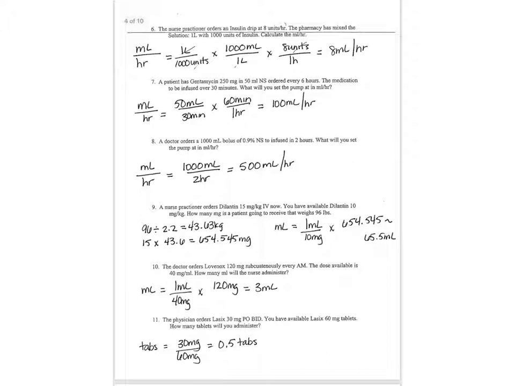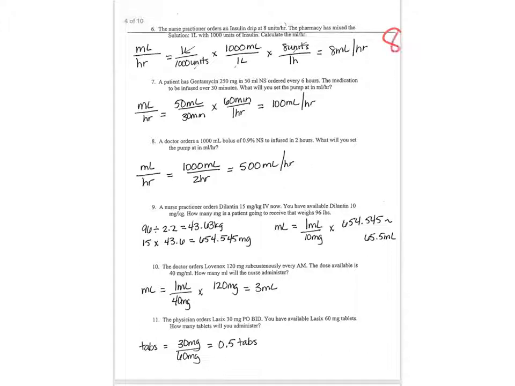Okay, same thing. I'm just going to the next couple pages. This one's calculating milliliters per hour. Again, she's using that dimensional analysis. If the insulin drip is ordered at 8 units per hour and it's mixed 1 liter with 1,000 units of insulin, then that's just 8 units. Oh, I see.